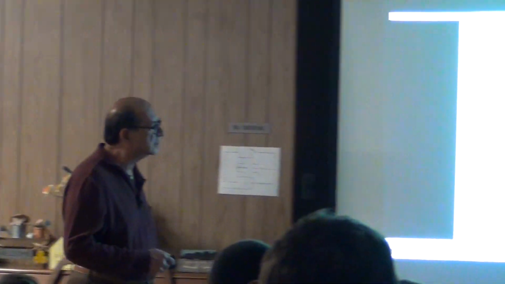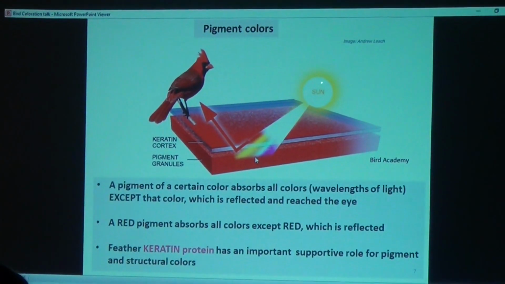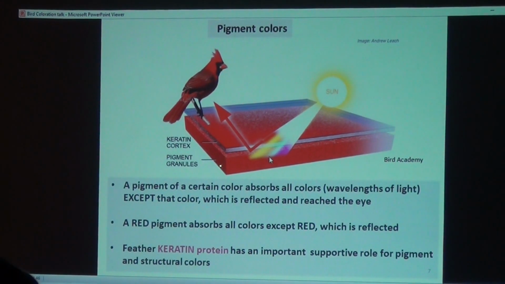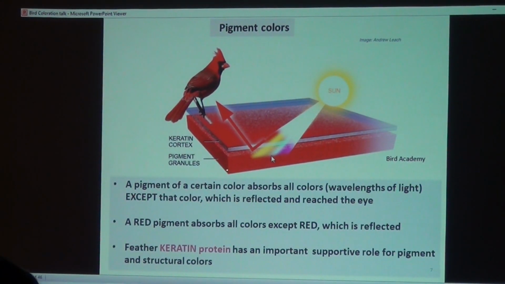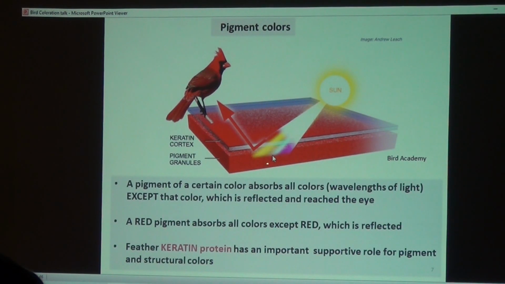So here's how we see a red male cardinal. The light from the sun falls on pigment granules, which are modified carotenoids that are red, and the red color is reflected off, the others are absorbed, and this reaches our eye.